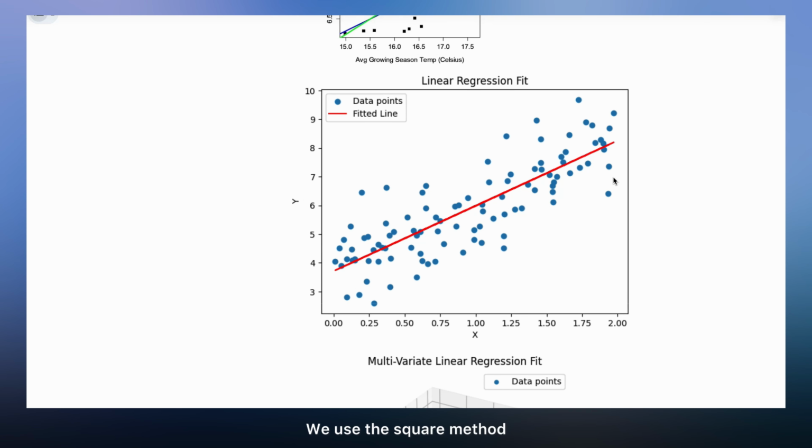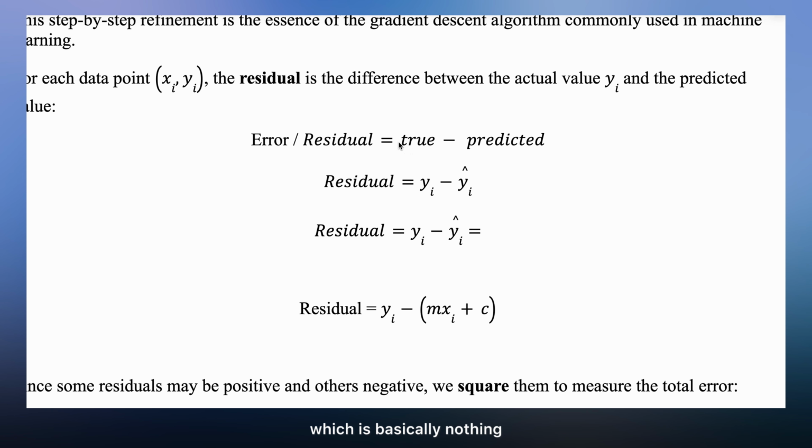So if I define my error term, which is basically true minus predicted, or yi minus yi hat, where yi hat denotes the predicted value, for every single data point I want to compute this, right? So true of ith point minus predicted at ith point is known as my error term or my residual term.